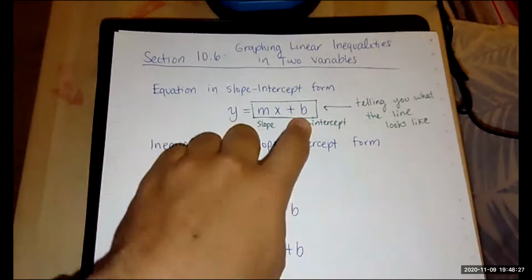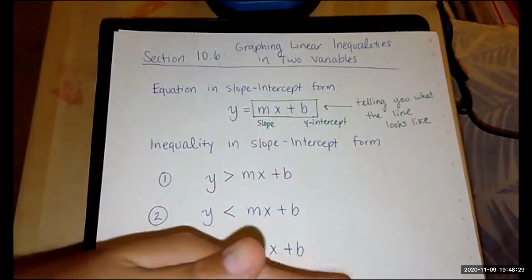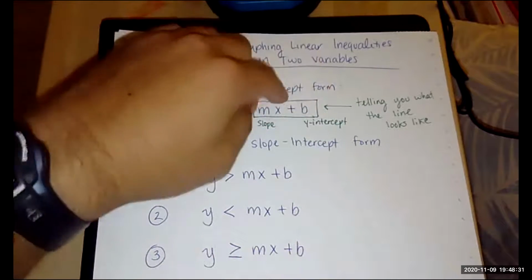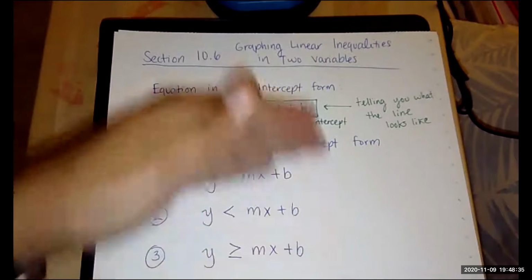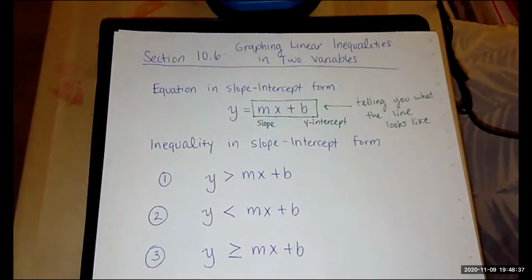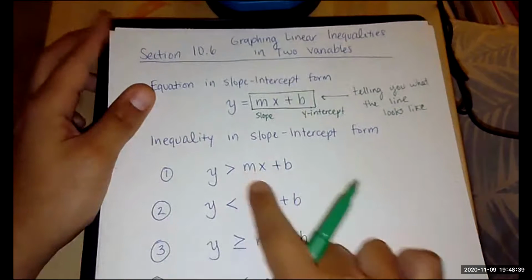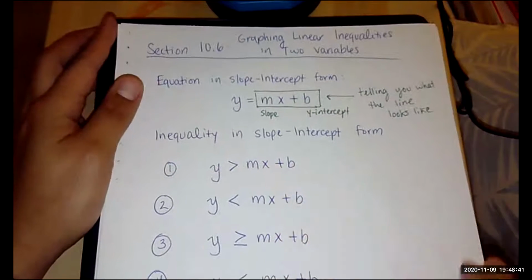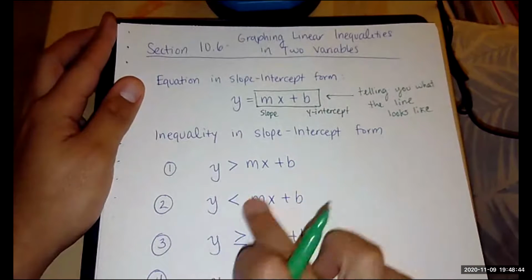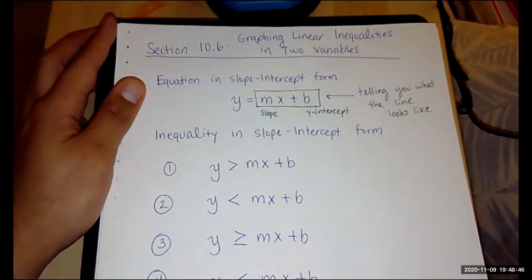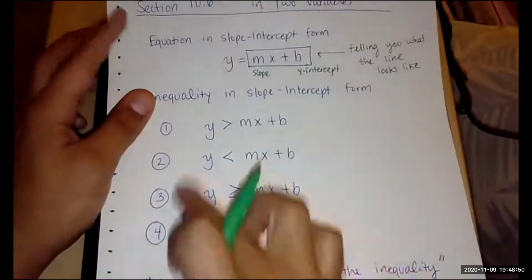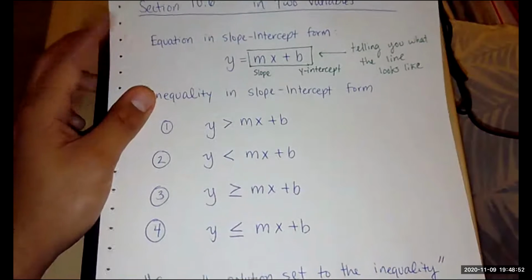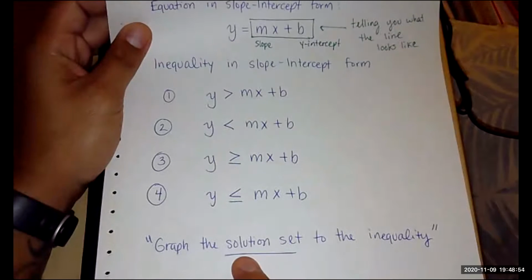And then if I have a positive y-intercept, then the y-intercept is going to be above 0. If I have a negative y-intercept, then it's going to be below 0 on the y-axis. So you can think about this part of the inequality as telling you what the line is looking like. And we'll see that instead of just having a line, when we graph these, the solution set's going to be a lot bigger than just the line.